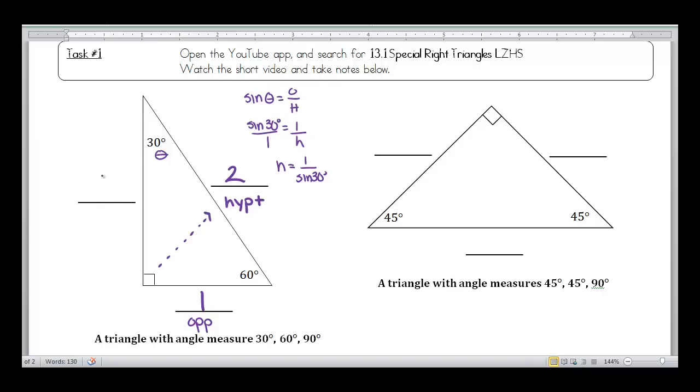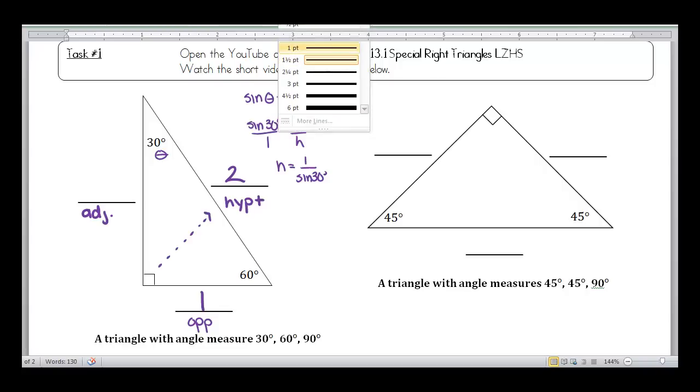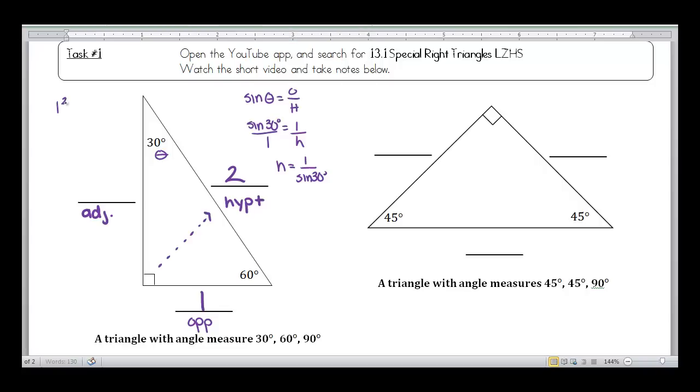Next, if I wanted to find the adjacent side to 30 degrees, I could either do a different trig function, or since I now know 2 of the 3 sides, I might be more accurate with my Pythagorean theorem. So, if I have 1 squared plus the adjacent side squared, I should get the hypotenuse squared.